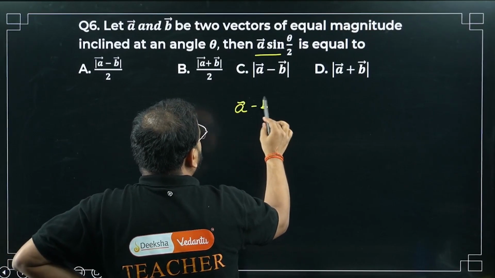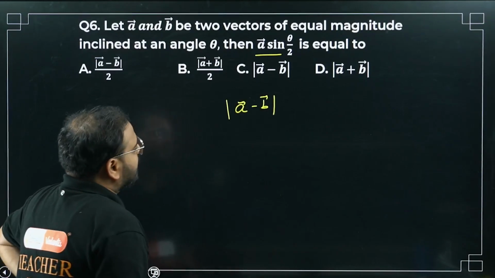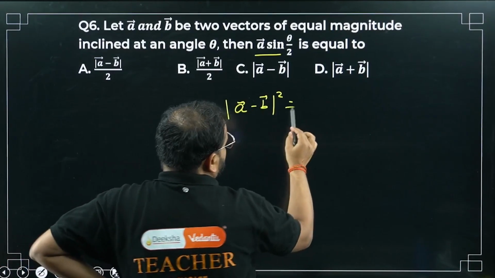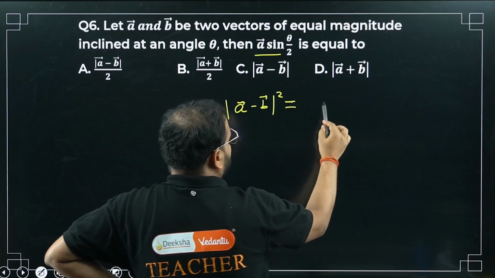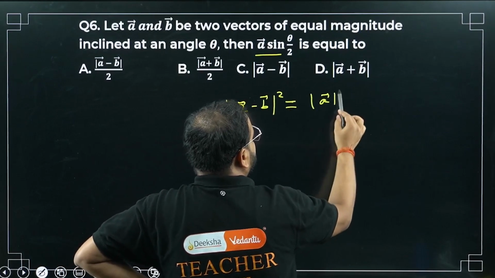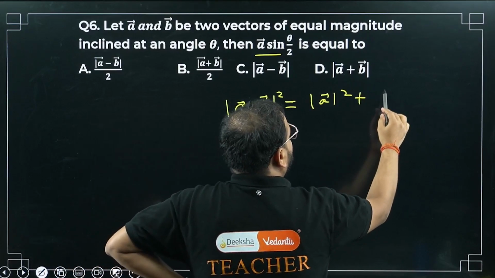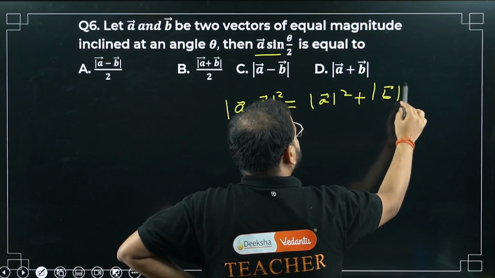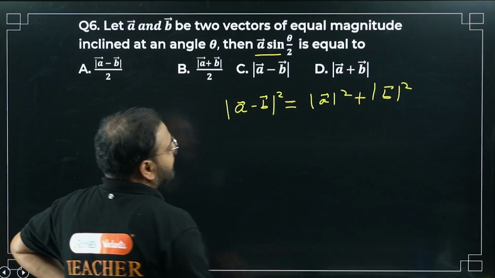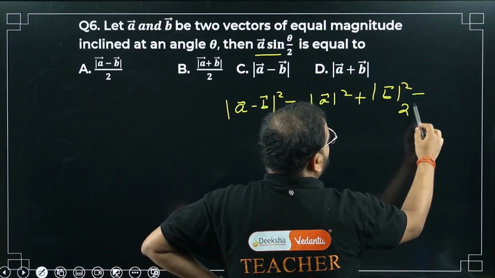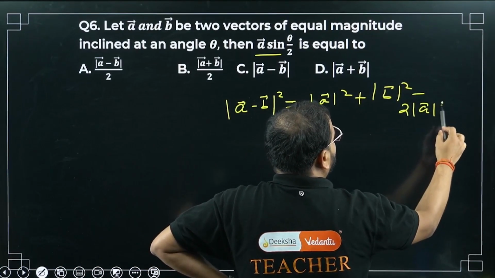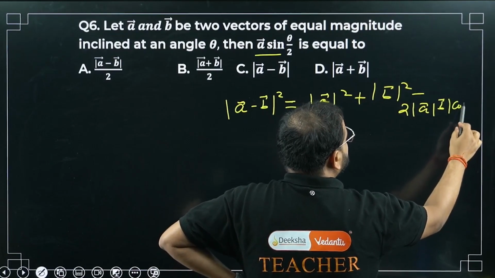Vector A minus vector B, the whole square, equals vector A the whole square plus vector B the whole square, minus 2 vector A and vector B cos theta.